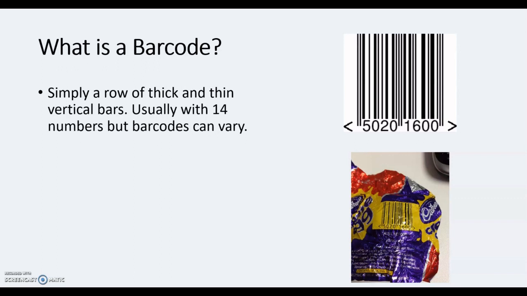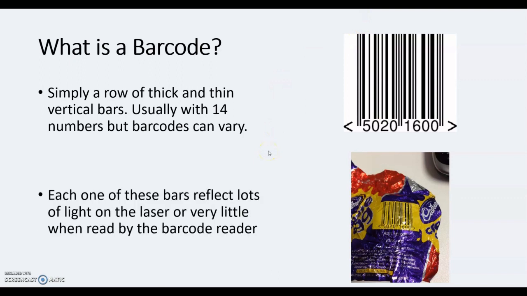It's just simply a row of thick and thin vertical bars. Usually there are 14 numbers, but obviously this can vary. And as you can see on our Cadbury's cream egg here, there's not 14 numbers. So you've got thin bars, thick bars, and so on, black and white. That's simple.